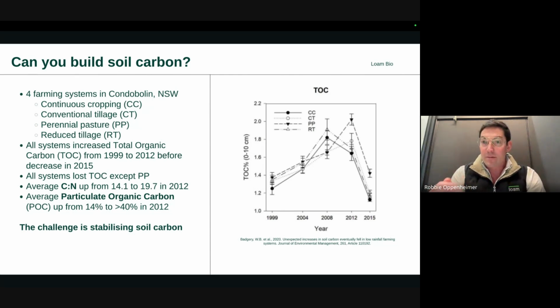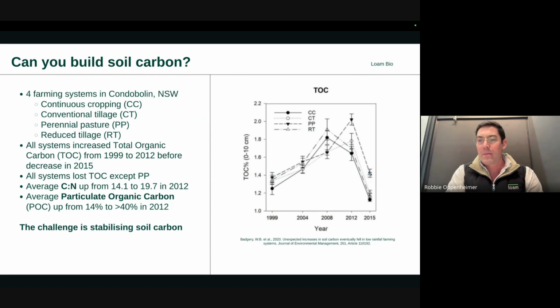What people have observed is an increase in carbon over the first 13 years in these 4 different farming systems: continuous cropping, conventional tillage, perennial pasture, and reduced tillage, and subsequently the loss of that carbon. All of these different farming systems ended up with lower TOC, except for perennial pastures, which ended up back where it was 16 years later.